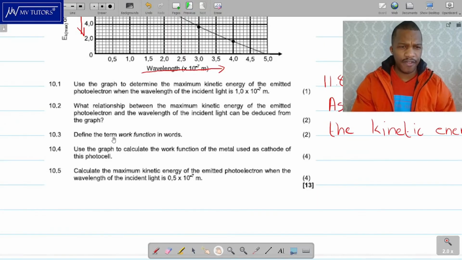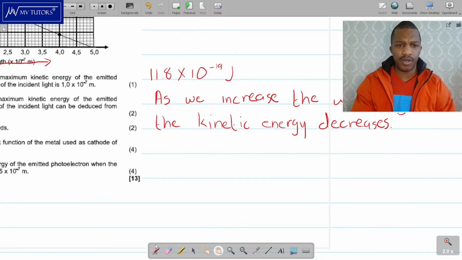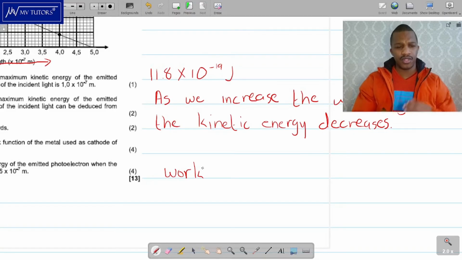Then it says define the term work function in words. Okay, if you remember this, you will know that work function is like the tipping point, the amount of energy that's required before an electron is released.